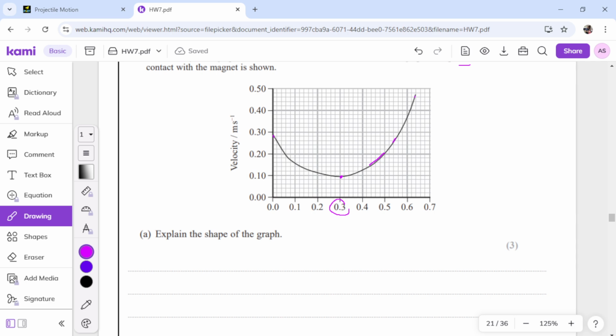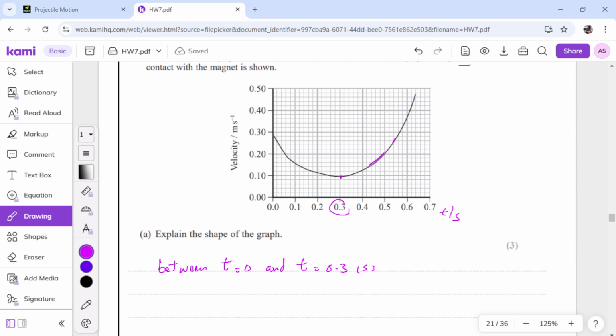And because we have different actions, we have to explain it in terms of time. So I will write between t equals 0 and t equals 0.3 second, because time here is in seconds.